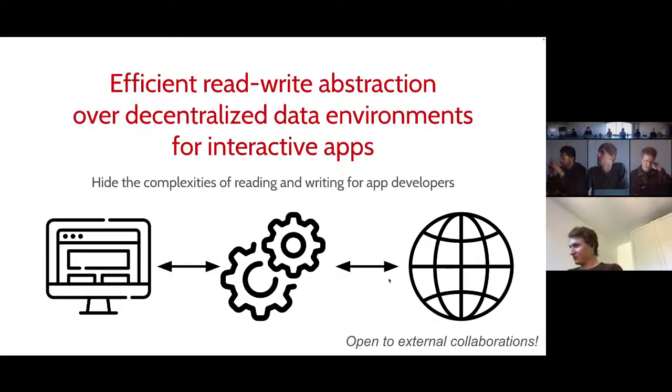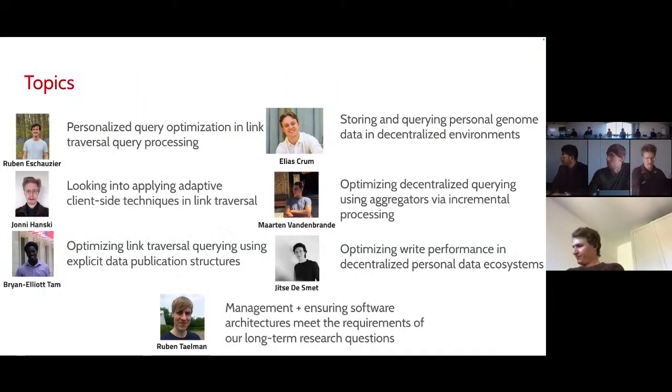We do research on hiding the complexities for reading and writing over decentralized environments, and we mainly do this by introducing new querying technologies that help in building such a query-based abstraction layer. It's still the same people doing research in this area with these topics.